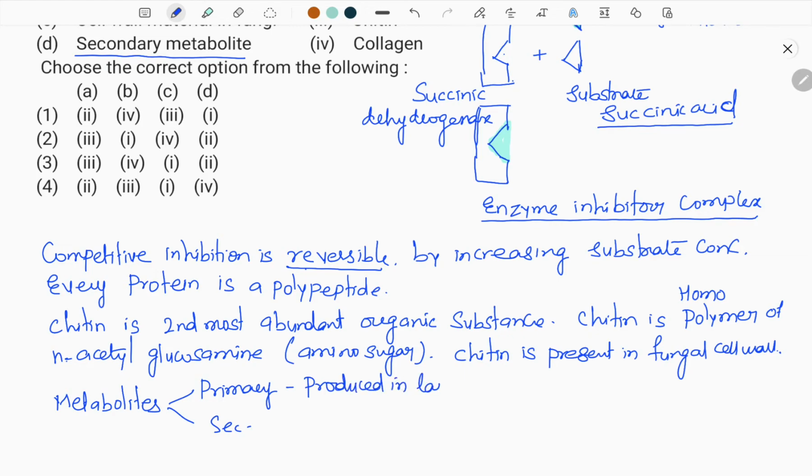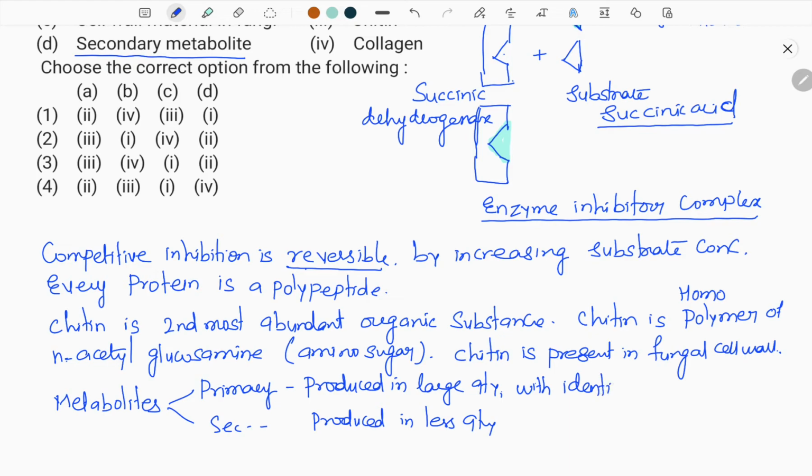They are produced in large quantity. Secondary metabolites are those which are produced in less quantity. And primary metabolites have an identifiable function.